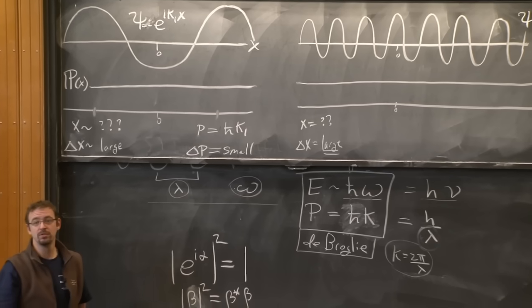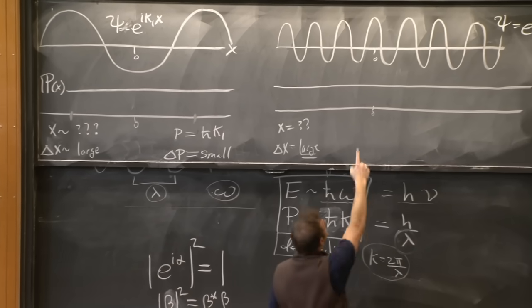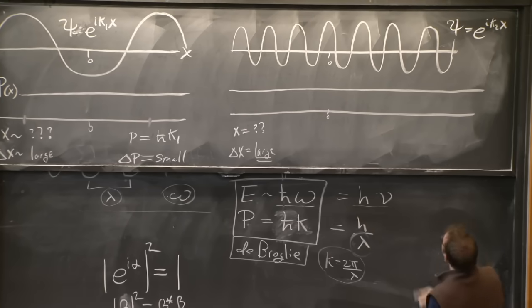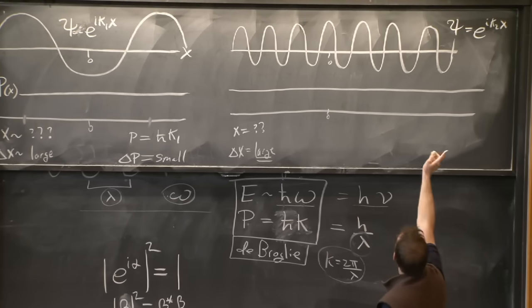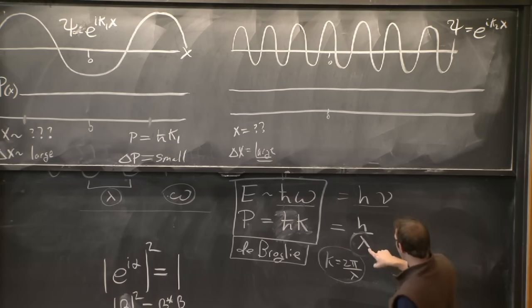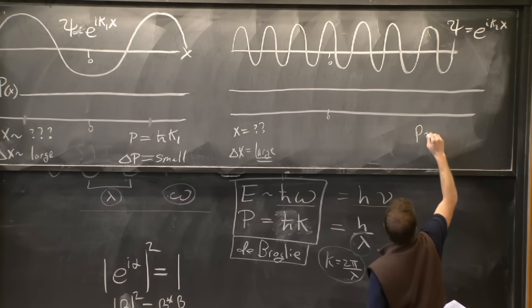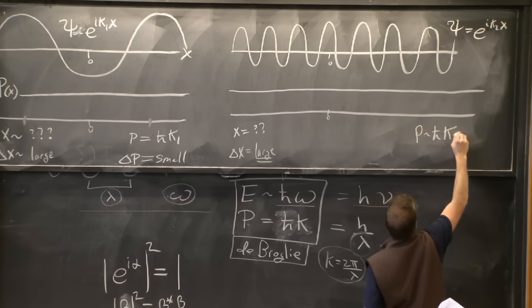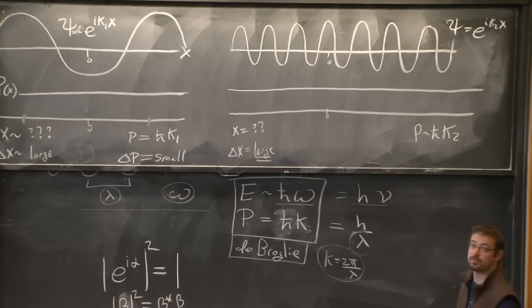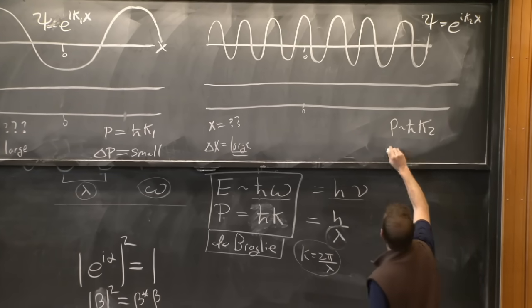Everyone agree? Similarly, for this wave, again, we have a wavelength. It's a periodic function, but the wavelength is much shorter. If the wavelength is much shorter, then k is much larger. The momentum is much larger. So the momentum we expect to measure, which is roughly h bar k2, is going to be much larger. What about our uncertainty?